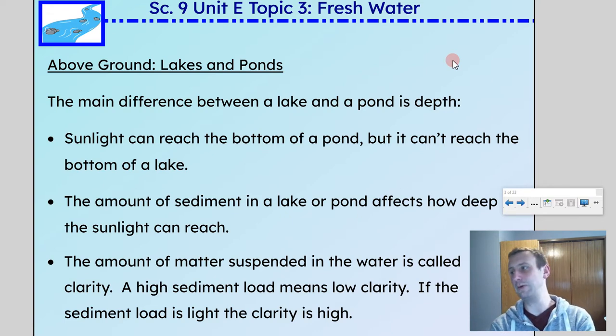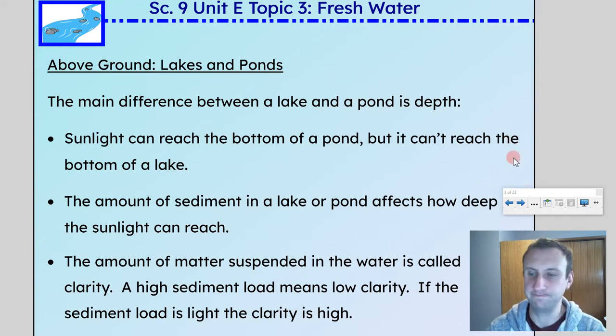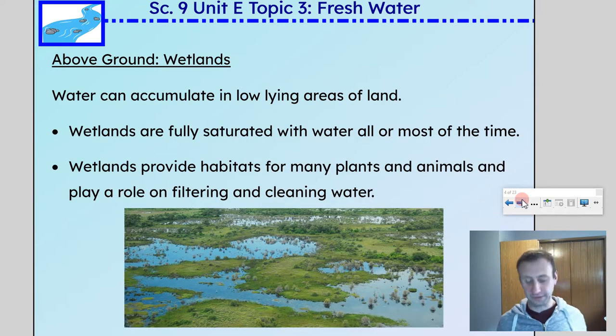We've all seen those pristine images of lakes where you can see the very bottom, though I guess that would make it a pond, but you know what I mean. That would be very high clarity water. And we've also seen low clarity water, like really muddy streams. Of course, the clarity affects how much sunlight can make it to the bottom.